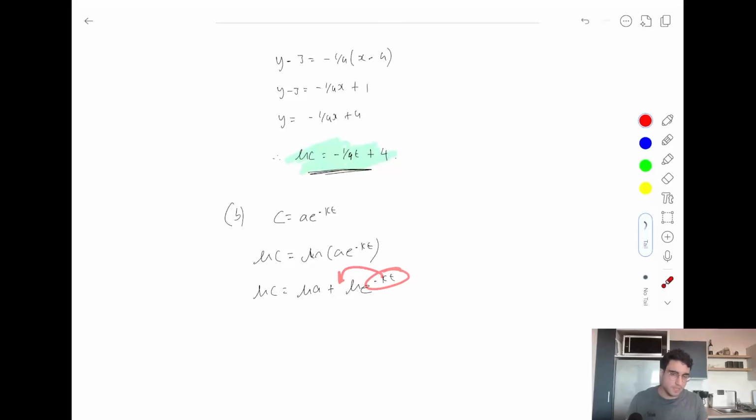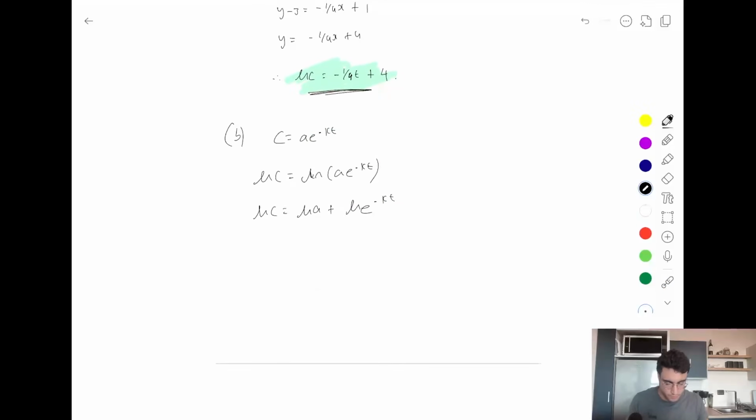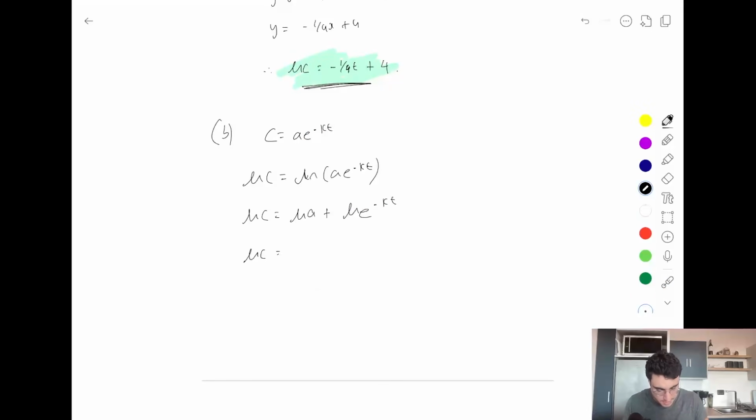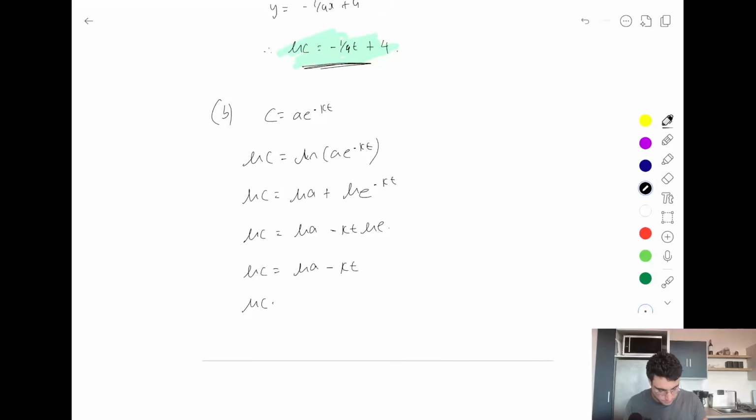KT can be brought down via the power rule, so ln C is equal to ln A minus KT ln E. And what's ln E? Well, ln E is 1. So ln C is equal to ln A minus KT. Therefore ln C is equal to negative KT plus ln A.